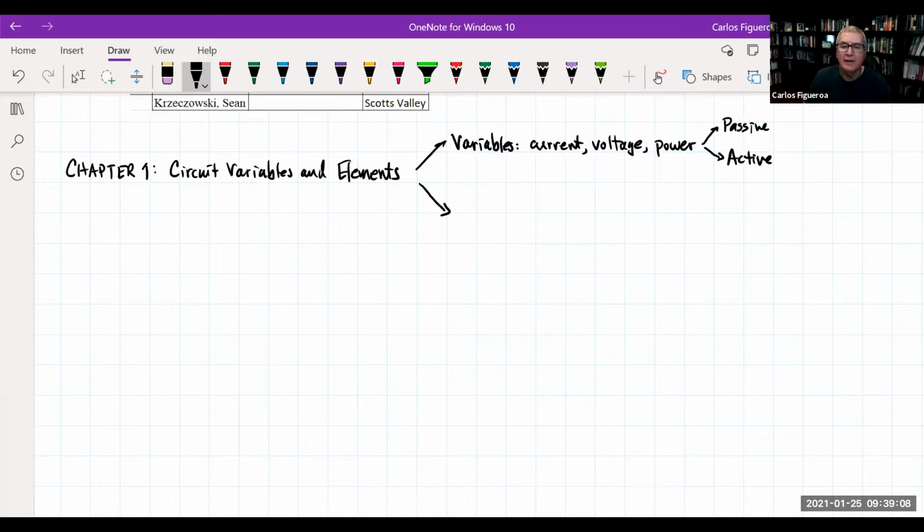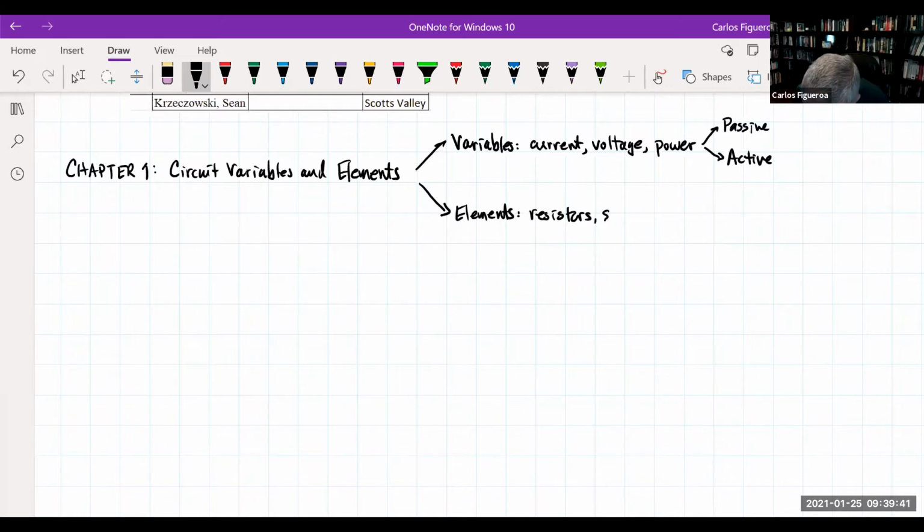Then we're going to talk about elements. I'll briefly tell you that the kinds of elements that we deal with are only linear. And what I mean by linear is that they're low voltage circuits. The elements that we really want to pay attention to are, of course, one of the easier ones, the resistors.